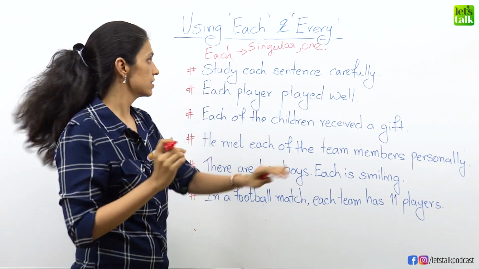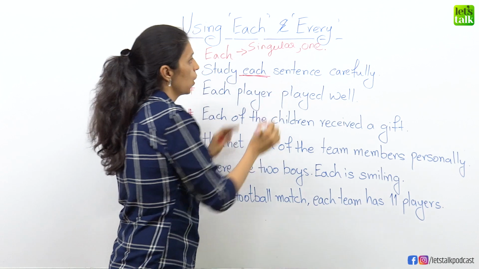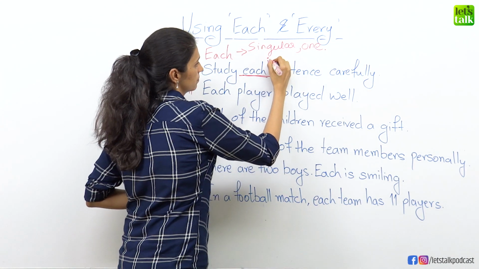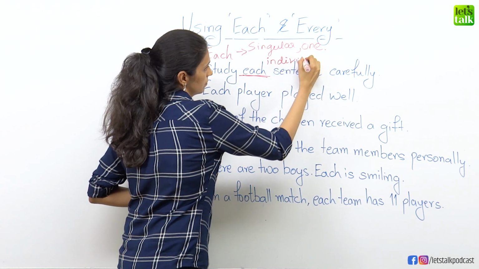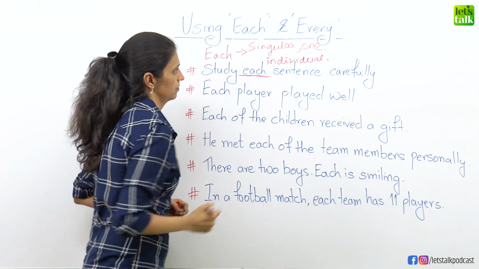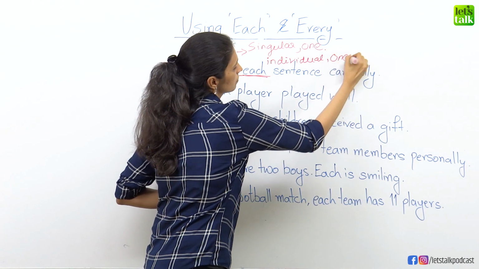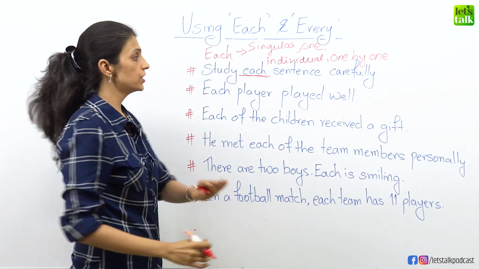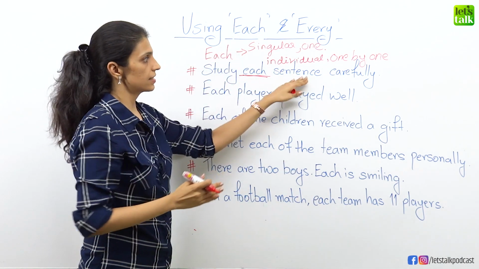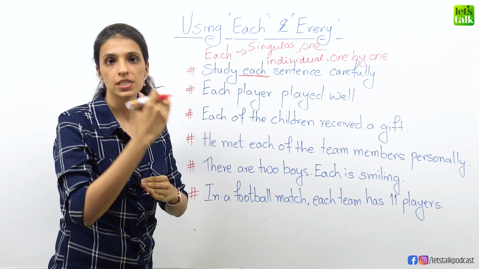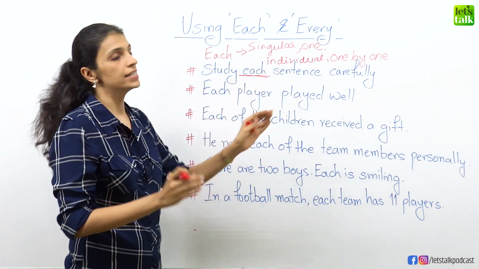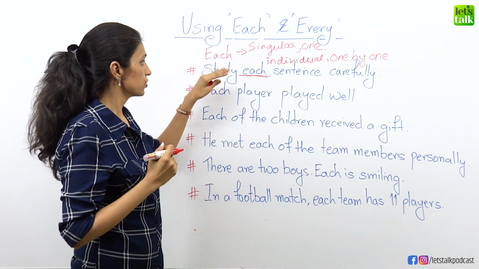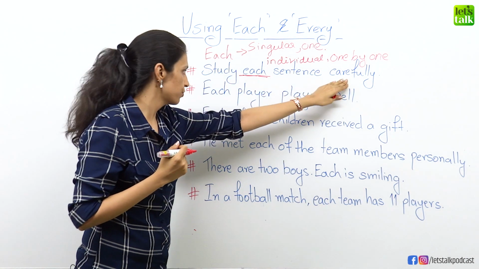So each sentence over here, I mean one by one, individual sentence. That means you are going to take up one sentence and study it carefully and then move on to the next one. So each here means individual or one by one. Okay, so study each sentence carefully.